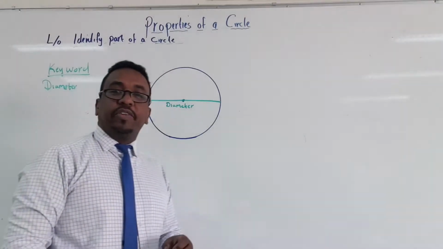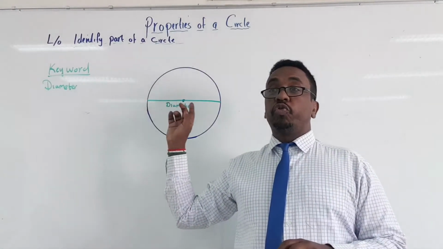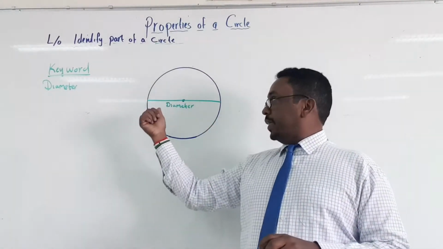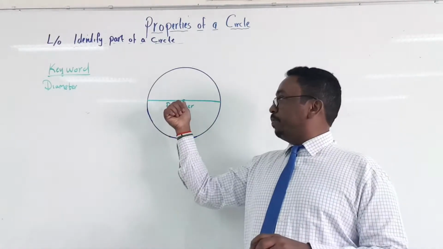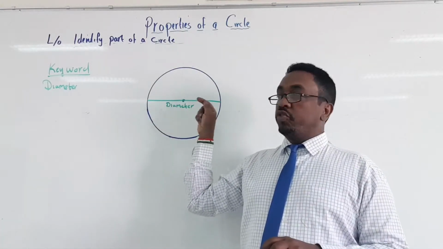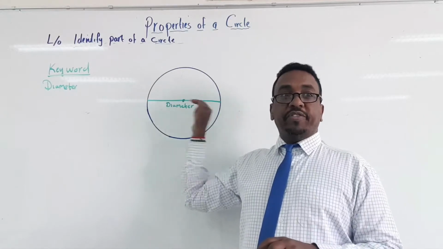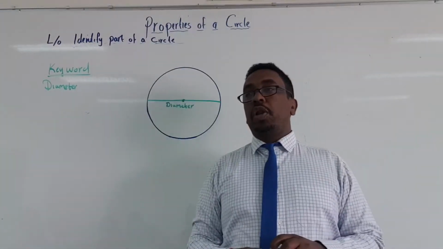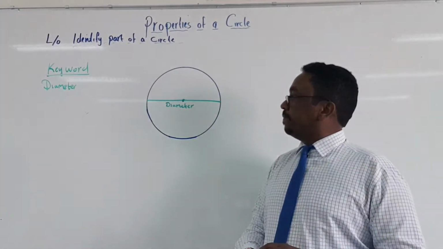If anybody asks you what is the diameter, it's the line which goes all the way through, at the same time going through the middle or the midpoint. Each circle has got a midpoint. So the line which goes from one side to another side, passing through the midpoint, is called the diameter. Okay? So that's the full line.